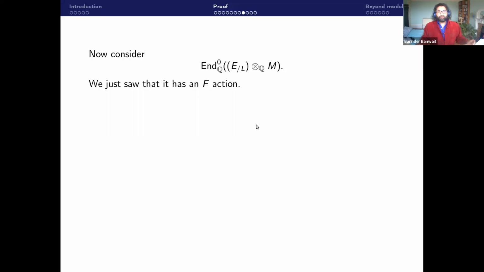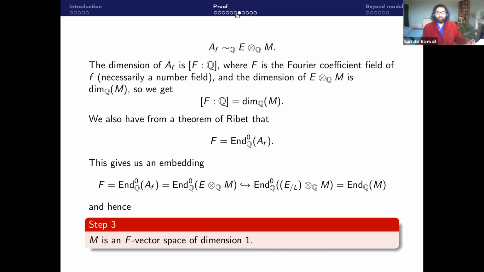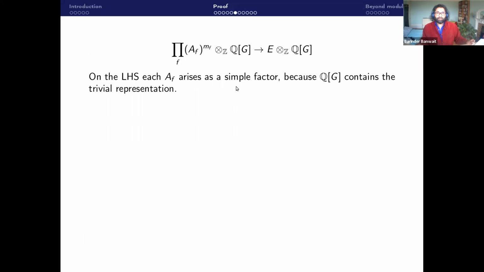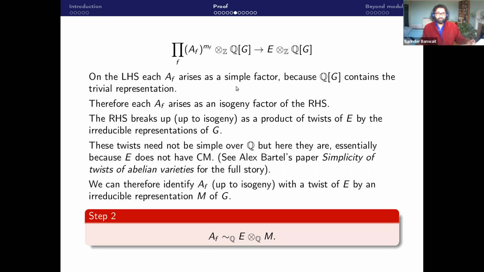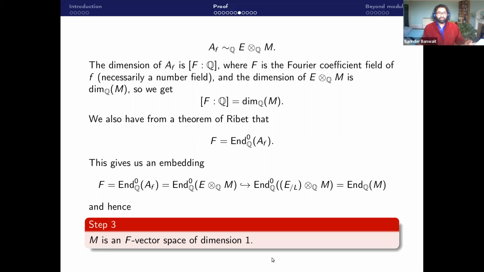Okay. Perhaps I should have said that at this point, what we're trying to do is understand M. We're trying to understand M as a representation. So we've now shown that M, as an F vector space, has dimension 1.